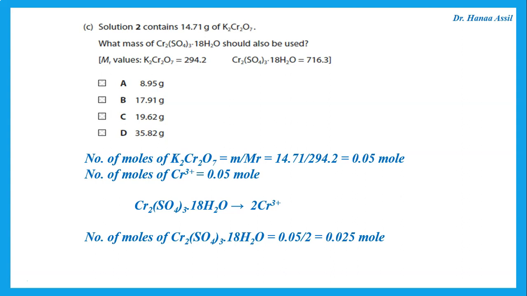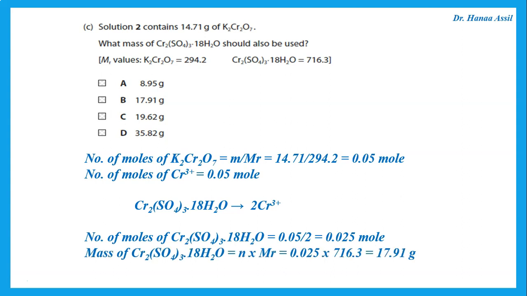We need 0.05, so we need 0.025 of the solid, and then I can get the mass, so that comes out to be 17.91 grams. Are we okay with that? So if something provides twice the number of moles of the ions, please take that into consideration.